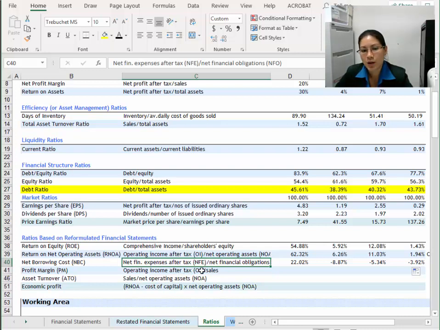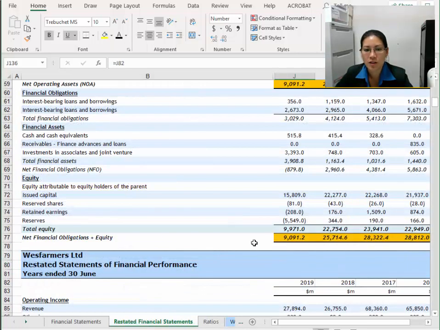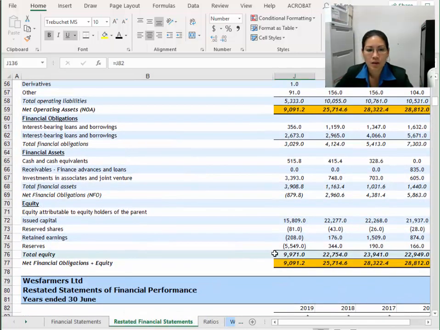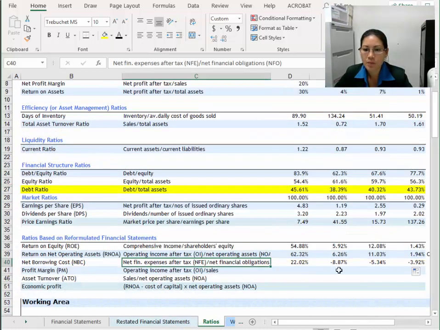If you entered this one as a positive, you need to look at whether this was a positive or a negative or not. So in my case, I entered my net financial expenses as a negative and my net financial obligations, I'll just show you, and my NFO, I entered as a positive, okay? So I'm happy that's how I want to enter them because you need to make sure that you're interpreting this in the right way.